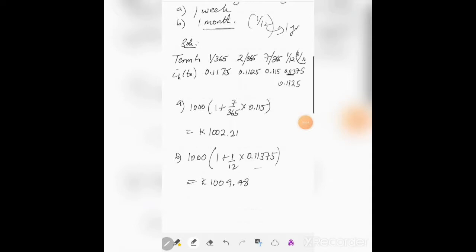So we note that the nominal rates of interest for different terms are liable to vary from day to day. So here it should not be assumed to be fixed.